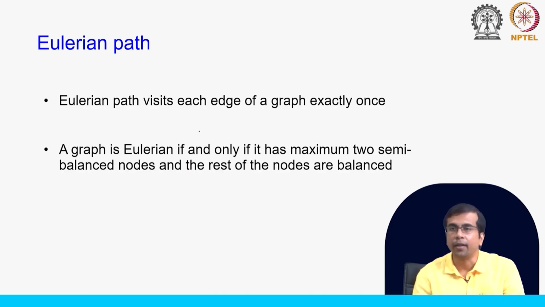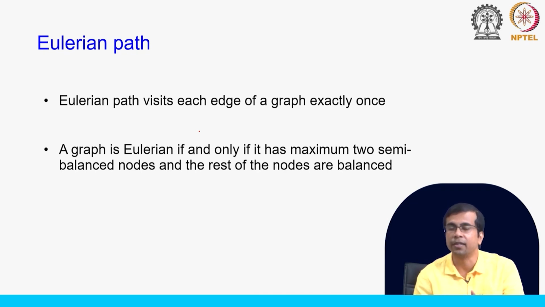And there is a condition that has been seen, that a graph is Eulerian, meaning there would be a Eulerian path, if and only if it has at most 2 semi-balanced nodes and the rest of the nodes are balanced. So, we find a directed connected graph where you have at most 2 semi-balanced nodes and the rest of the nodes are balanced.